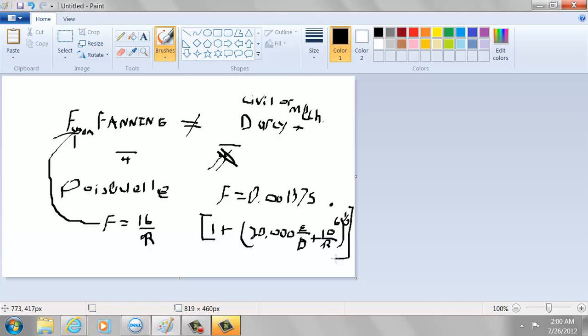This is important to know. To find reading values of friction factors, you need to know that this Fanning friction factor is equal to 0.001375 multiplied by the expression 1 plus 20,000 epsilon over the diameter plus 10 to the 6 over Reynolds number, this expression being raised to the 1/3 power.